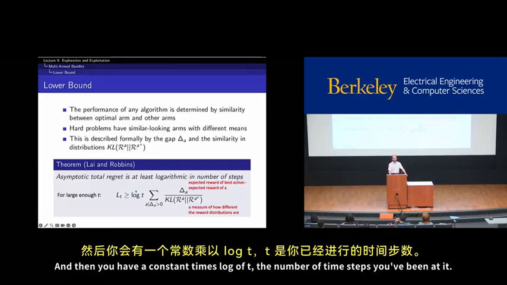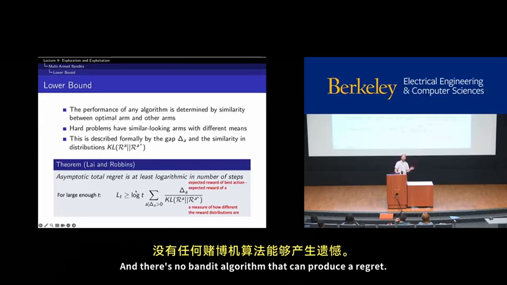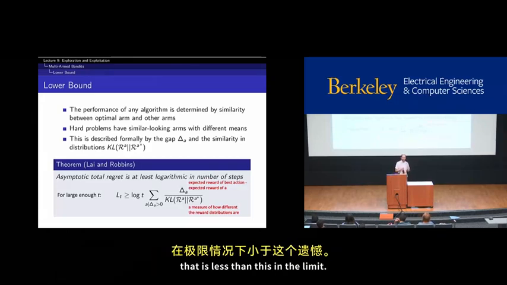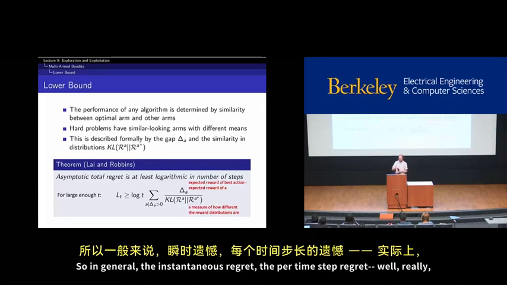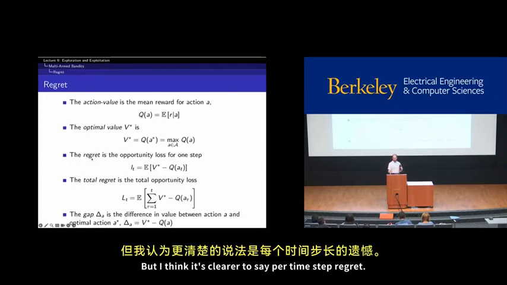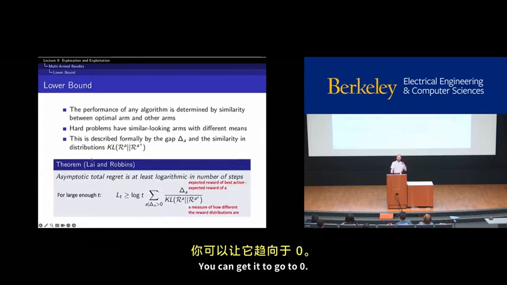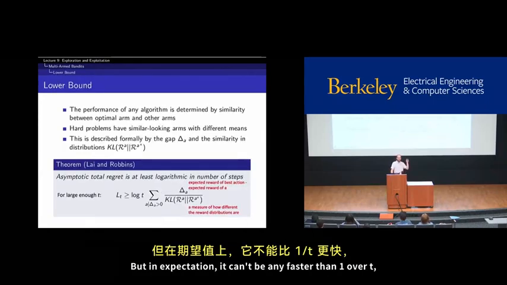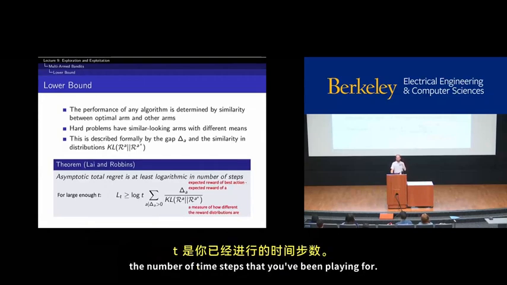And then you have a constant times log of t, the number of time steps you've been at it, and there's no bandit algorithm that can produce a regret that is less than this in the limit. So in general, the per time step regret, well, really, we just call it the regret, but I think it's clearer to say per time step regret, you can get it to go to 0, but in expectation, it can't be any faster than 1 over t, the number of time steps that you've been playing for.